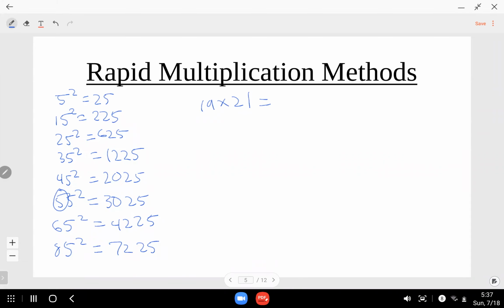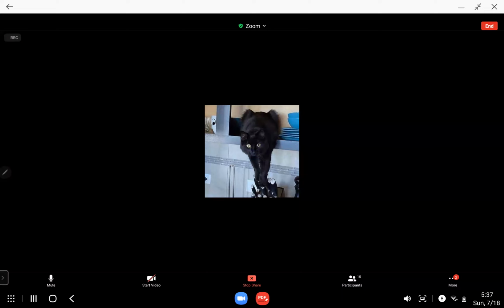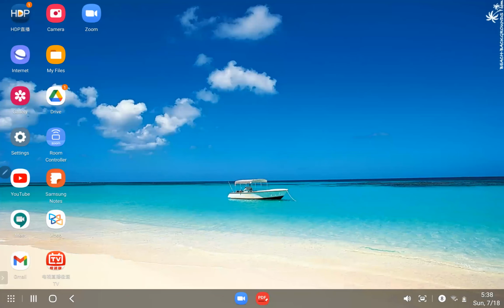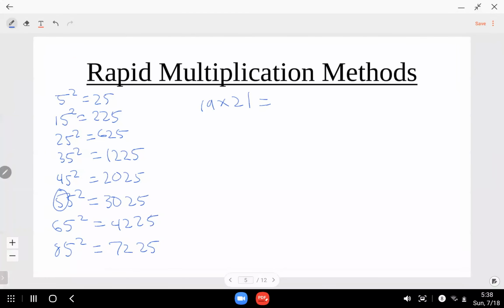It isn't that hard. Yes, very good. Difference of squares, 399. You're very good with rapid multiplication, Sophia. Good.